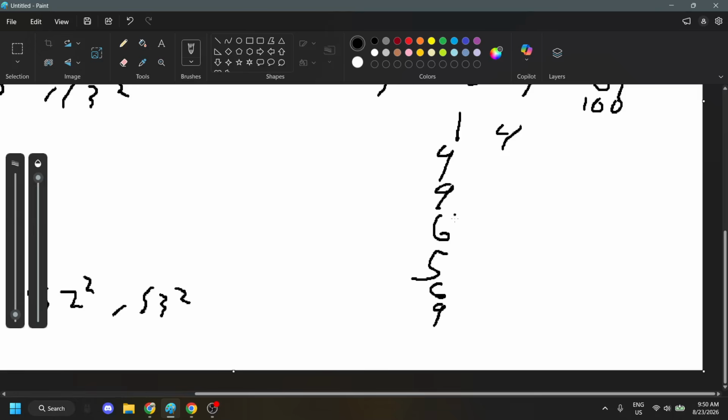Whoa, 1, 4, 9, 6, 5, 6, 9, 4. Well, look, it goes up and then down. So the only possible things it can end with are 0, 1, 4, 5, 6, 9.